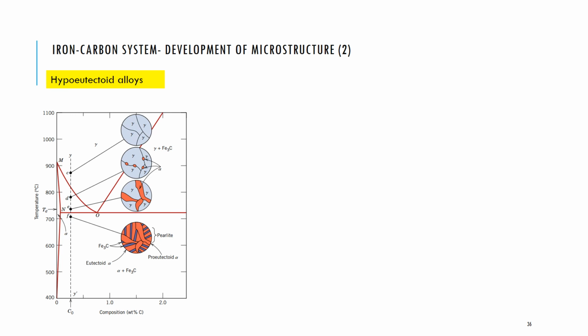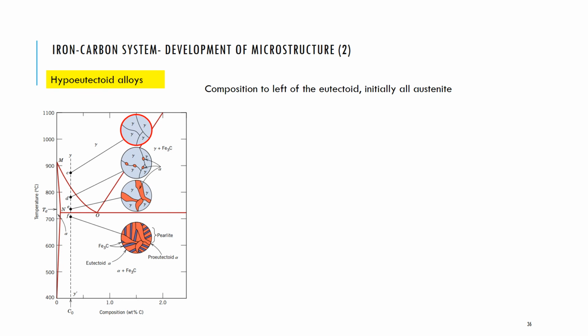Now, in the same way that we can get hypoeutectic and hypereutectic alloys, we can also get hypoeutectoid alloys. So let's cool down through the eutectoid isotherm.